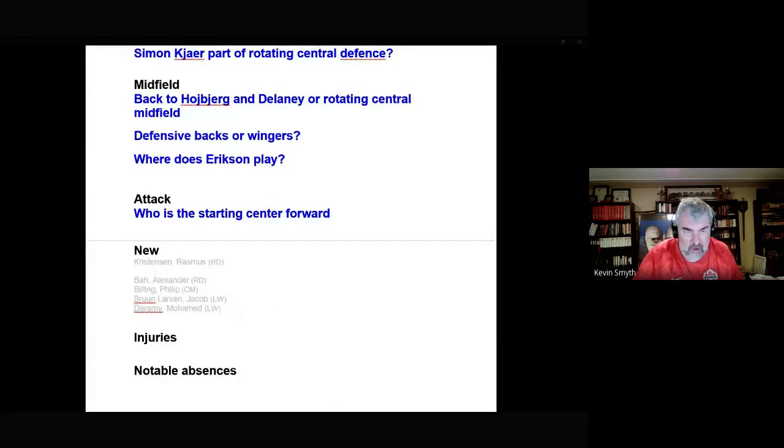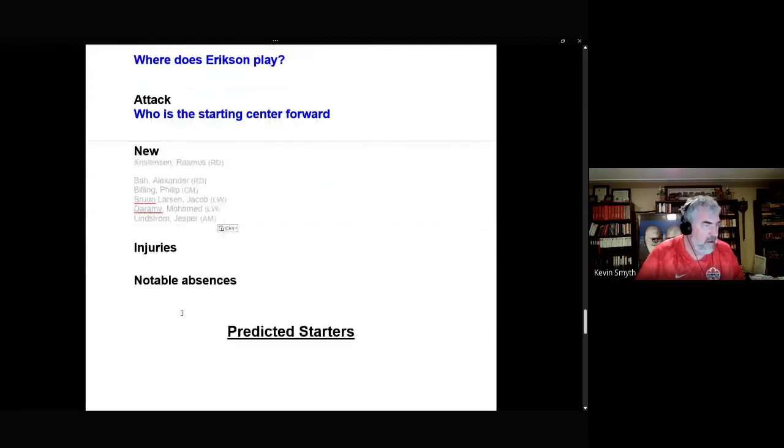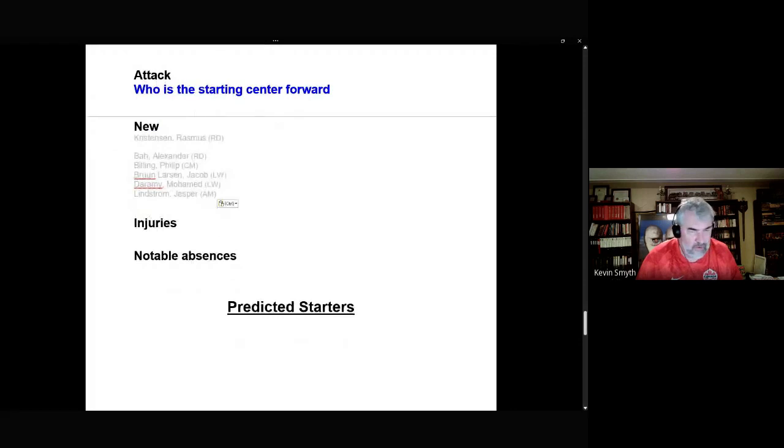He's new to the squad and is a left winger, but hasn't really secured a spot for himself, so just a possible candidate. And finally, Jesper Lindstrom, an attacking midfielder who plays for Eintracht Frankfurt in Germany, making his way into the squad. So these are some of the younger players. Mohamed Daramy, the youngest, just 20 years old.